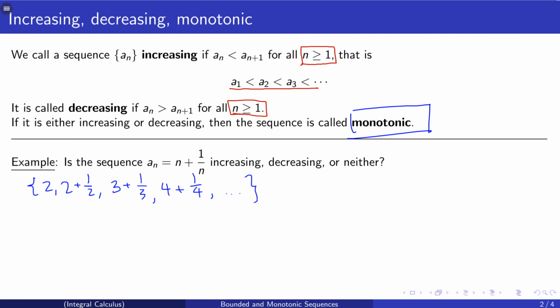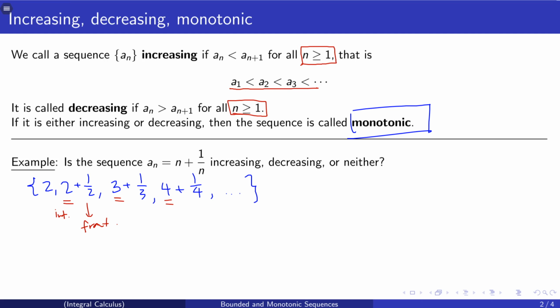And from here, you can actually make a guess that it looks like the sequence is increasing, right? How do I know that? If you look at all these terms, it's pretty much divided into an integer part and a fractional part, right? n is an integer, 1 over n is a fraction, or a decimal.